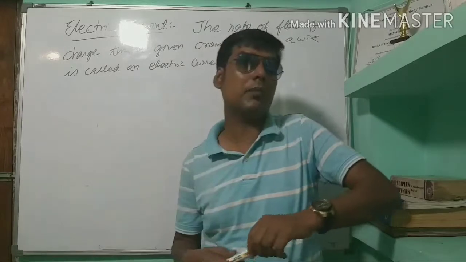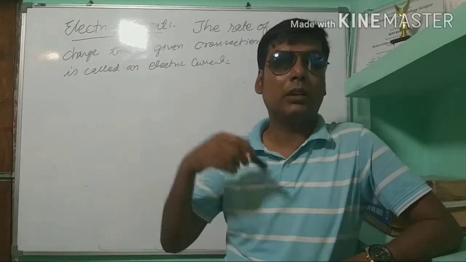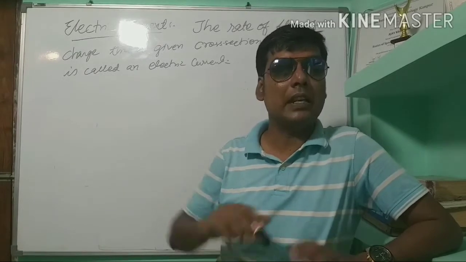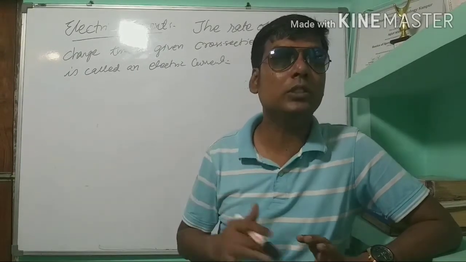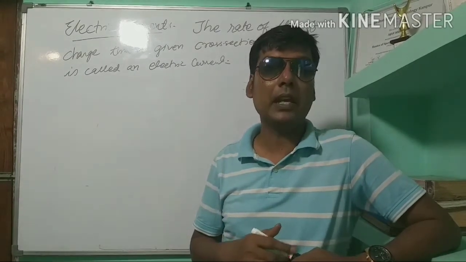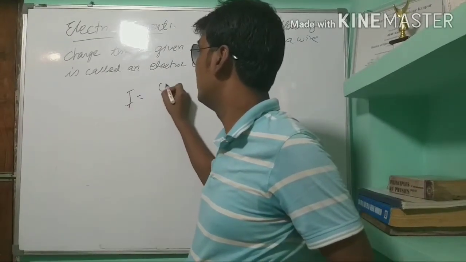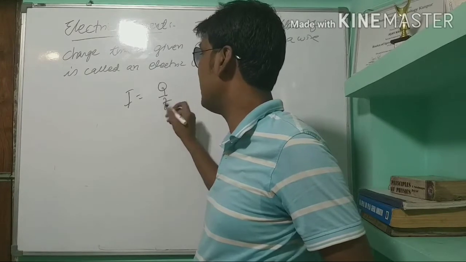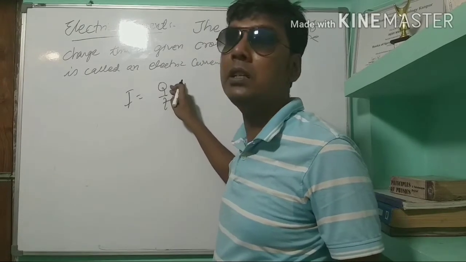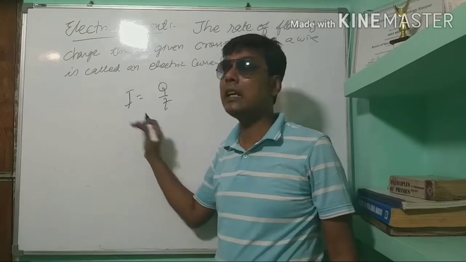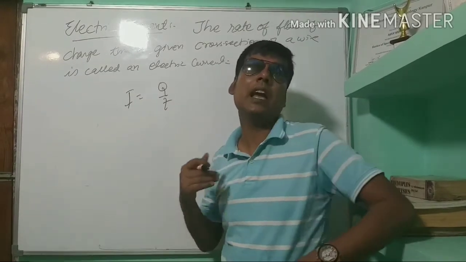But when we talk about electrons, the flow of electrons and the direction of current are taken opposite to each other. So I equals q by time, charge flowing per unit time. So rate of flow of charge is called electric current, and the unit of current is ampere.